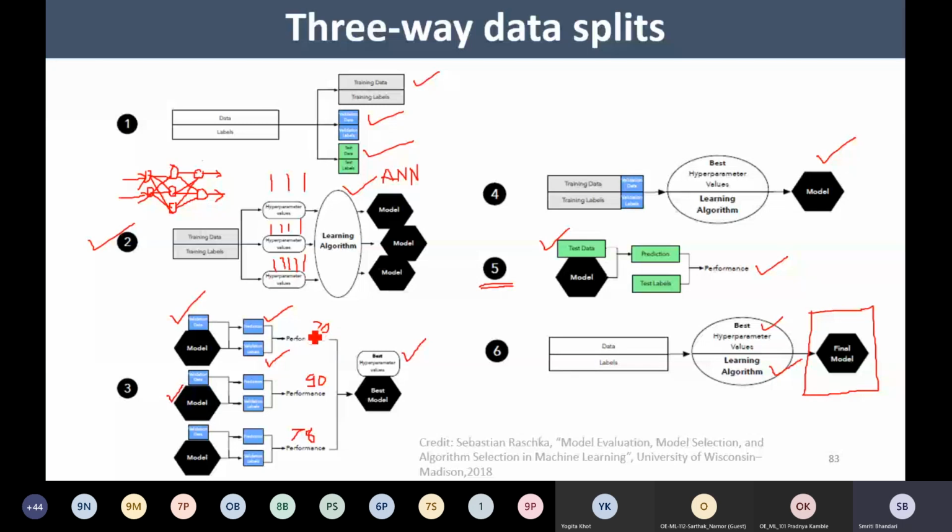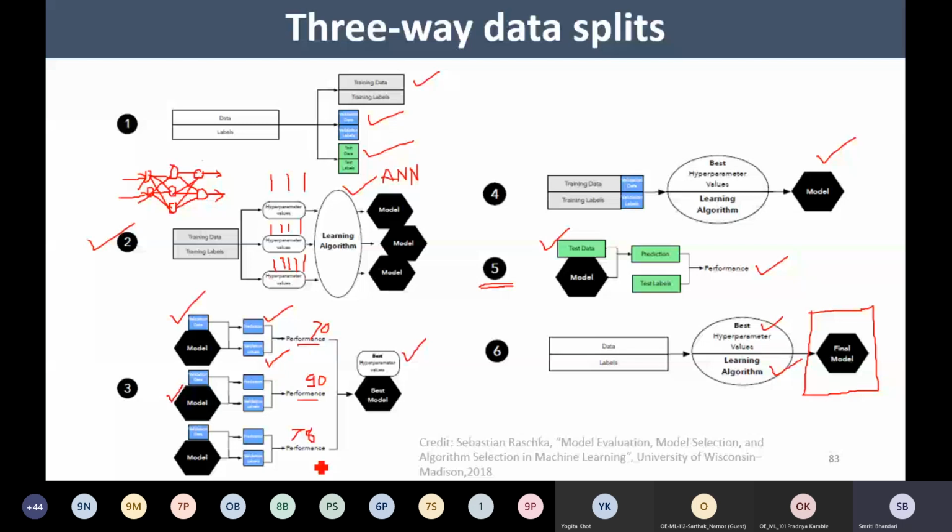Here we have chosen the performance measure as accuracy, so we consider how many samples are correctly classified. Depending on that, automatically I'll get the performance based on my performance metric.